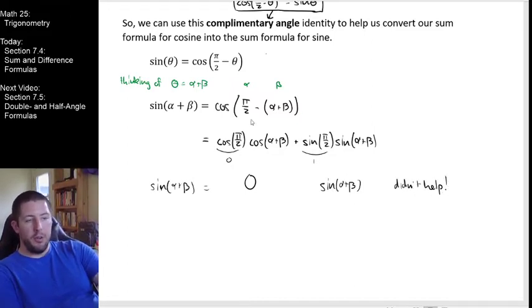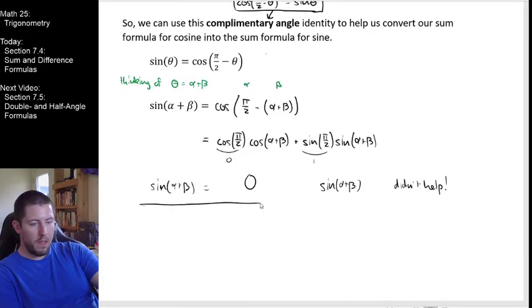A smarter thing to do is, rather than grouping these secondary terms together, the alpha and the beta, I'm going to group up pi halves minus alpha as my first term, and we're going to let beta be beta over here. That's going to be my new route. Try again.